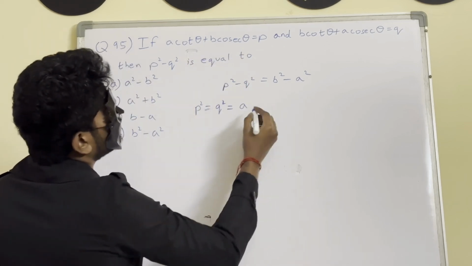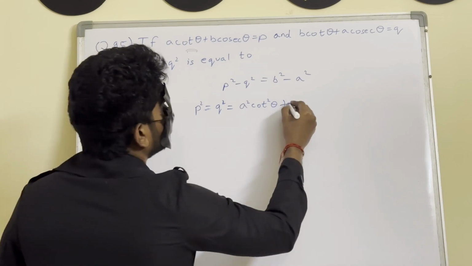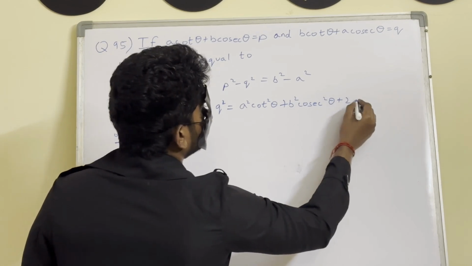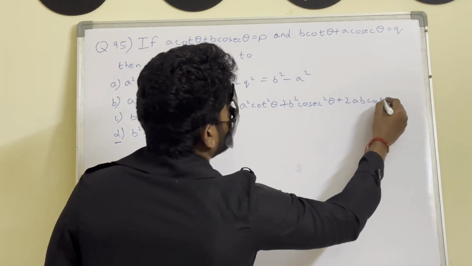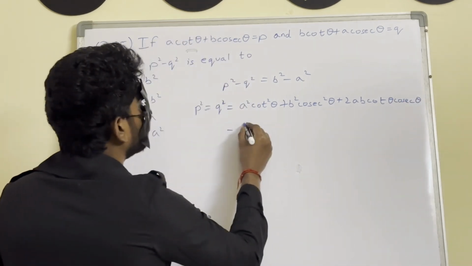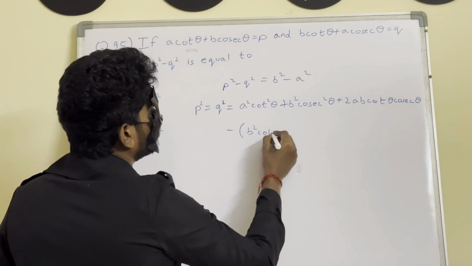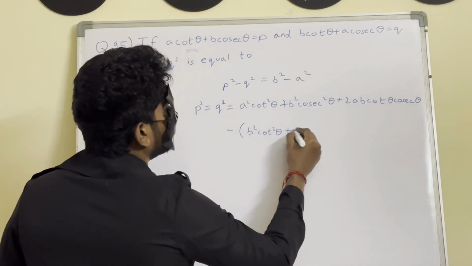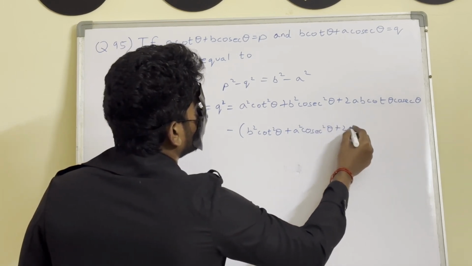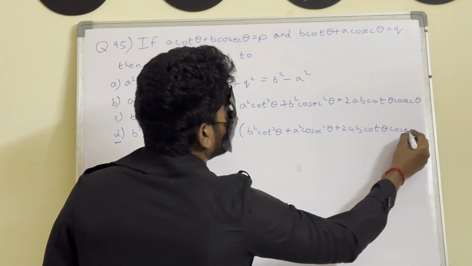A cot theta plus B cosecant theta whole square, which is A square cot square theta plus B square cosecant square theta plus 2AB cot theta cosecant theta, minus Q square, which is B square cot square theta plus A square cosecant square theta plus 2AB cot theta cosecant theta.